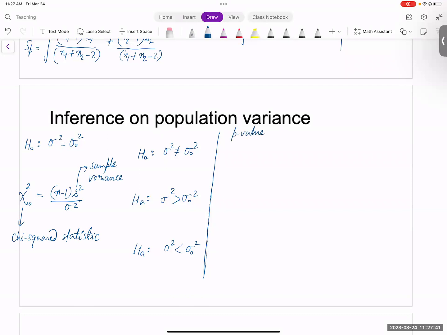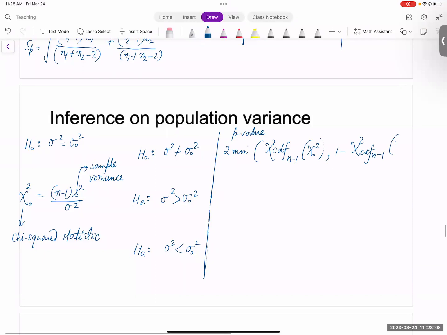Okay. Now let's write down the p-values. The p-value for the first one is 2 times the minimum of chi-square CDF with, actually, let me write it this way, chi-square CDF with n minus 1 degrees of freedom at chi-square 0, comma, 1 minus chi-square CDF with n minus 1 degrees of freedom at chi-square naught. That's the p-value for the first case.